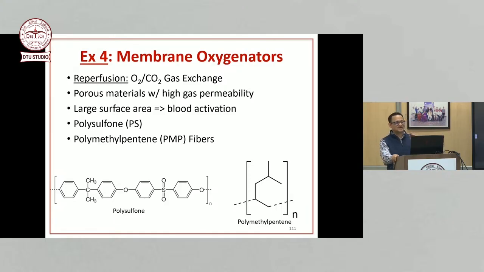But the issue is in an oxygenator, blood is touching these fibers, right? So gas is flowing on one side and blood is flowing on the other side. And blood is clotting also on these. So to prevent that, we will talk about this later also, you heavily heparinize the patient.